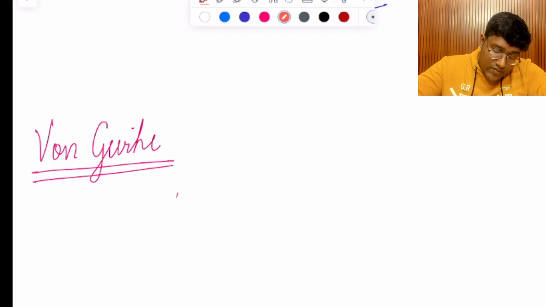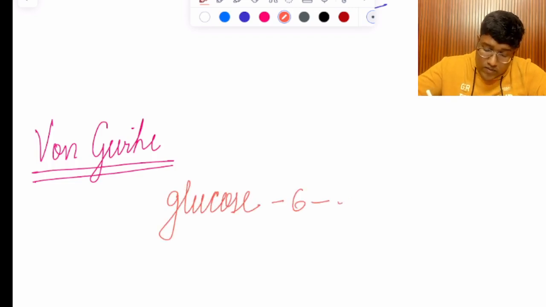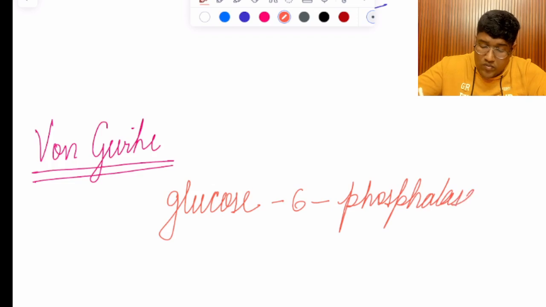So what is the enzyme that's deficient? Glucose 6 phosphatase. Sometimes they'll ask you what's the enzyme, or they'll give a bunch of symptoms and you need to correlate with these diseases. So glucose 6 phosphatase is deficient.